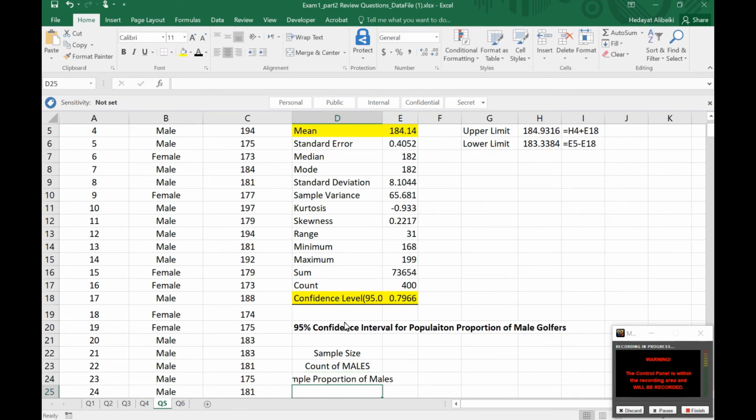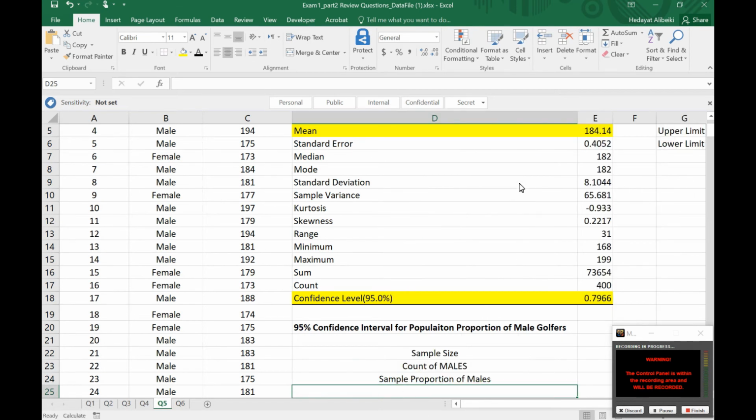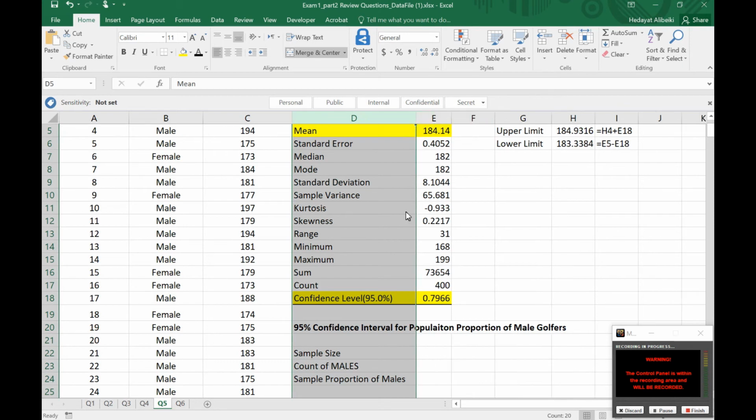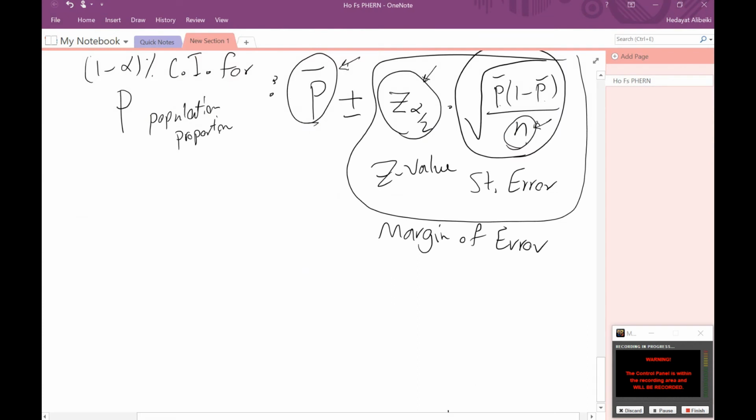After that I have sample size n and sample proportion P bar.